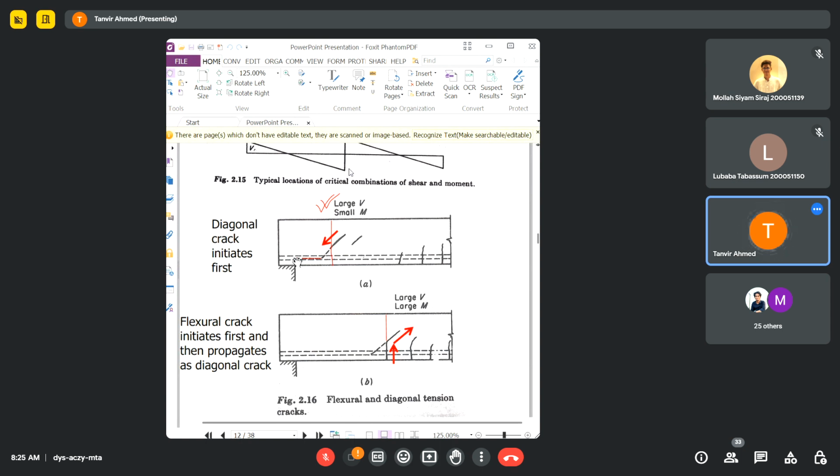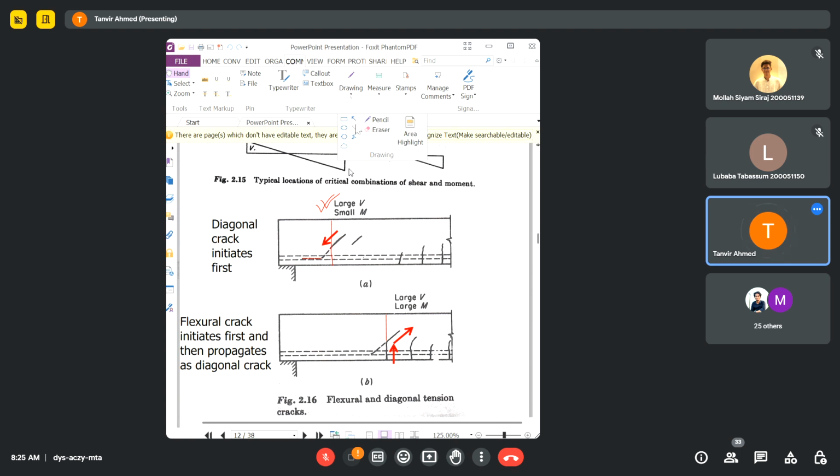Why? Because if you think about this, if I want to show you here, if the crack moves in this direction, this path is smaller compared to this path. This path is larger. So if the crack moves in this direction, the failure will be more rapid.